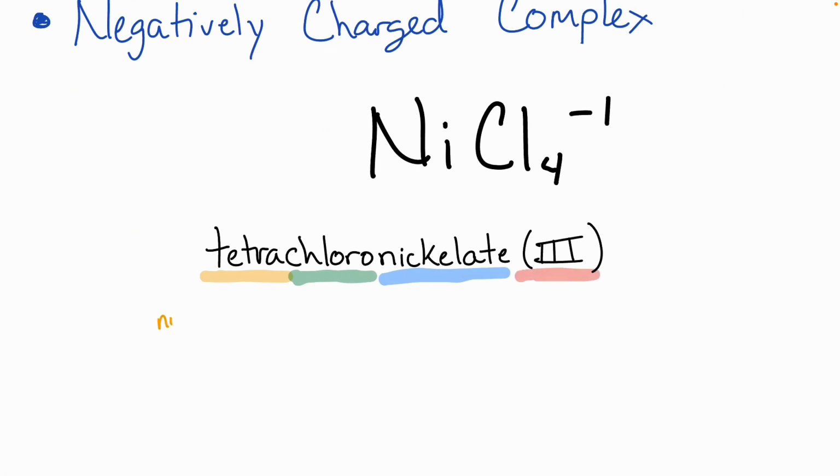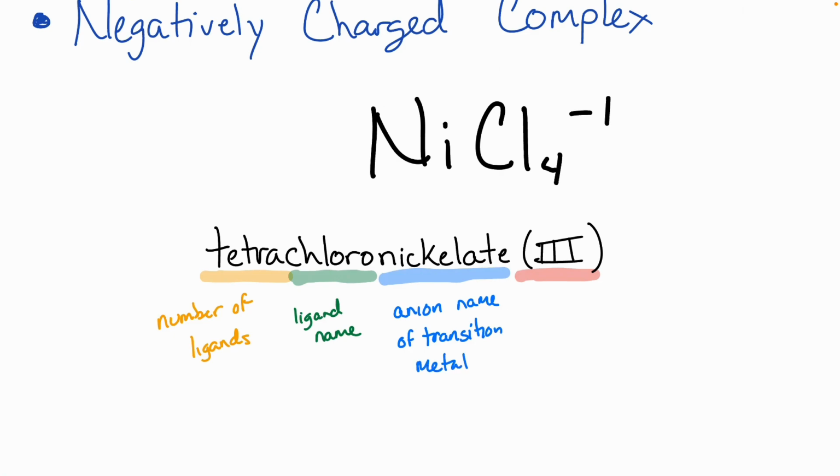All right, so again, number of ligands, my ligand name, and then I'm going to use the anion name of my transition metal, and then finally that oxidation number.